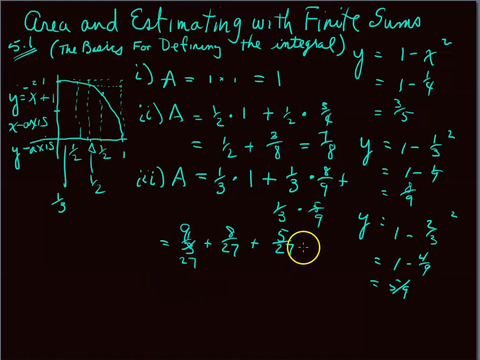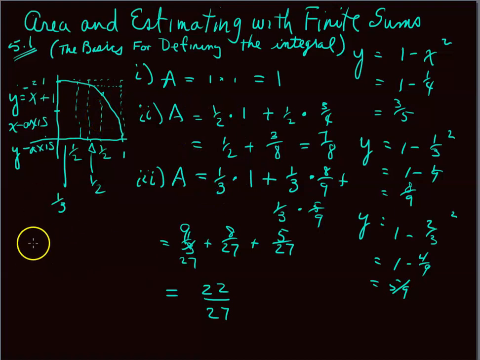And we get a total of 9 and 8 is 17 and 5 is 22/27. But still, that's off because we have stuff sticking out. We have extra. Now we can keep on doing that, and the more rectangles we do, the closer and closer we get to the actual area.